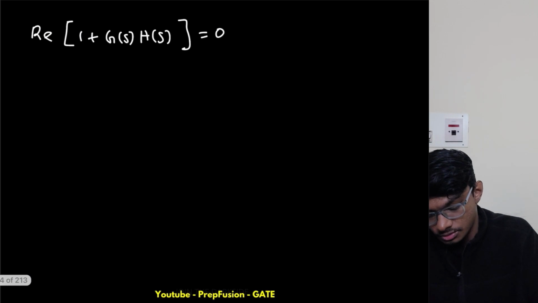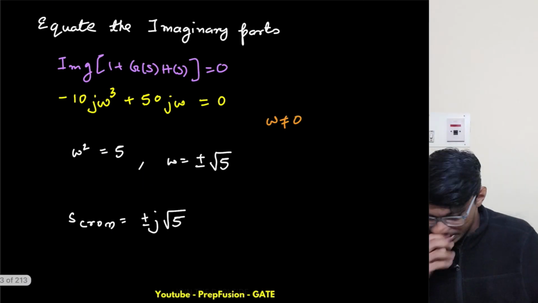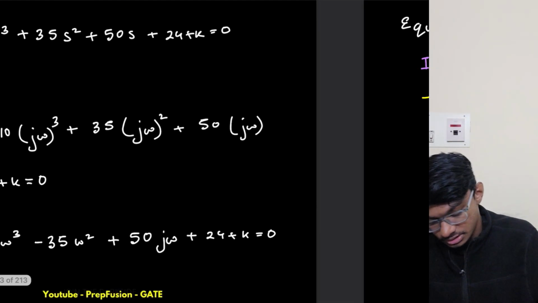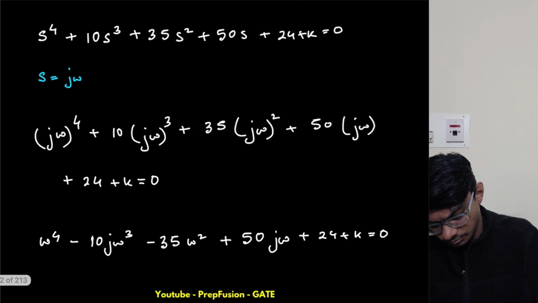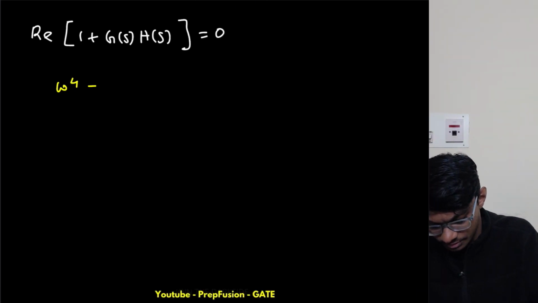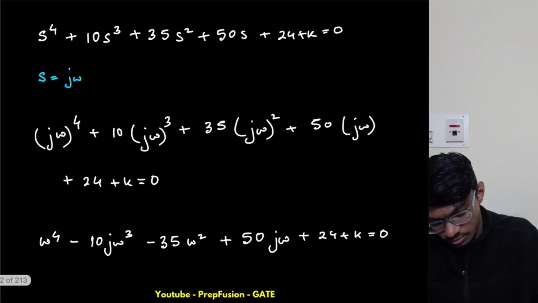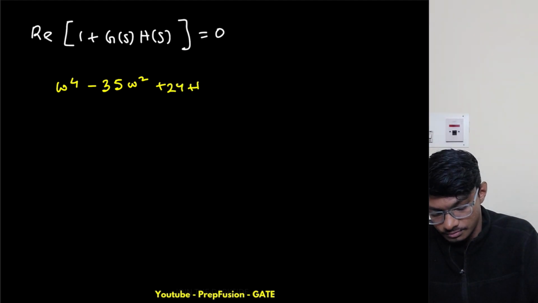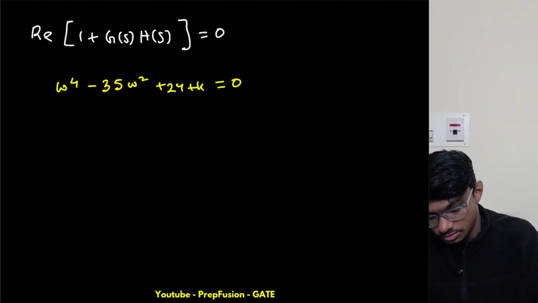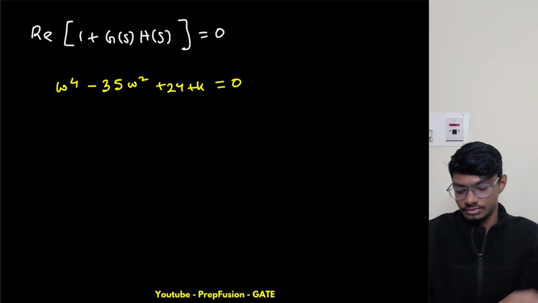So this is this case. Now what are the real terms? It is omega to the power 4, then I have minus 35 omega square, then I have 24 plus k equals to 0. So yeah, this one is this one.